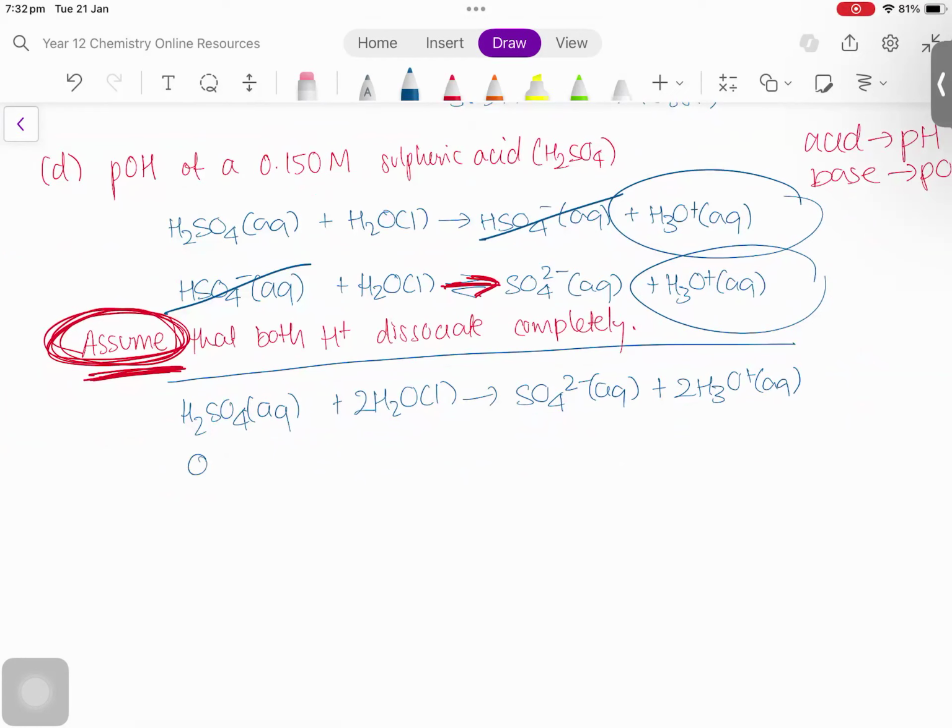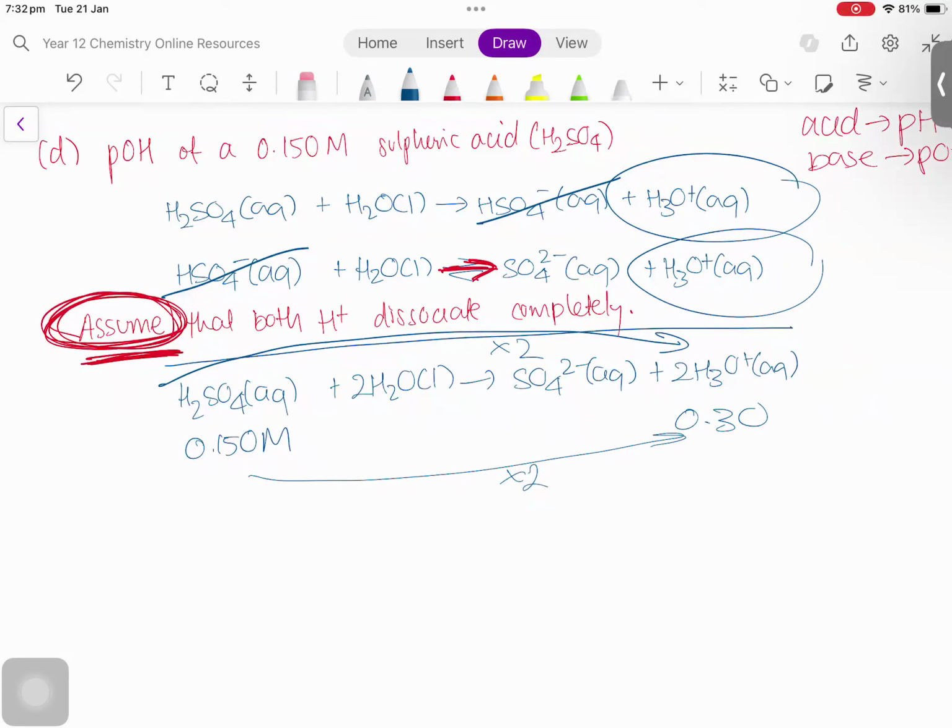Roland, if I have 0.15 molar H2SO4, how many H3O pluses do I have? 0.3. Good, because I'm looking at the ratios and I'm timesing by 2. And so then pH is negative log base 10 of H3O plus, which is negative log base 10 of 0.3.